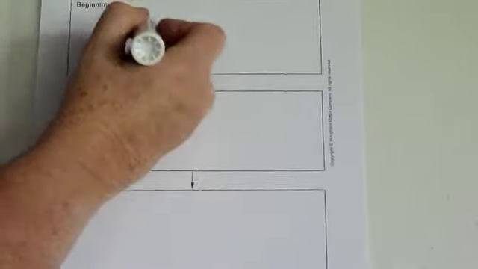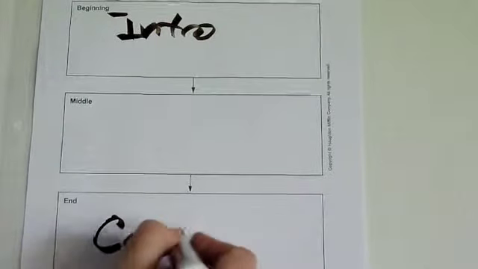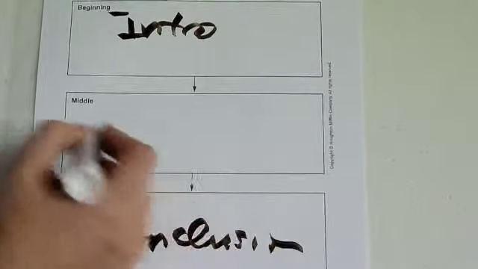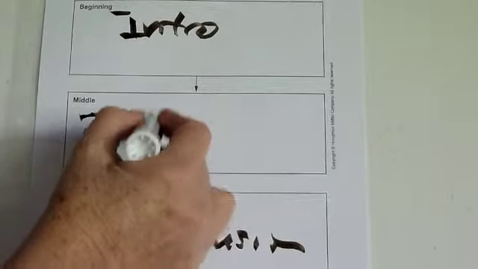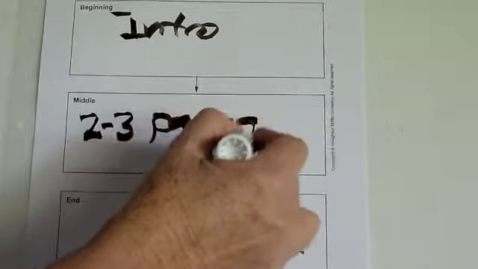The last one is a very simple one. What do I want to say at the beginning, the middle, and the end? So I'm going to have an introduction, and I'm going to have a conclusion. And in the middle, it could be 2 or 3 paragraphs that deal with the topic of the introduction.